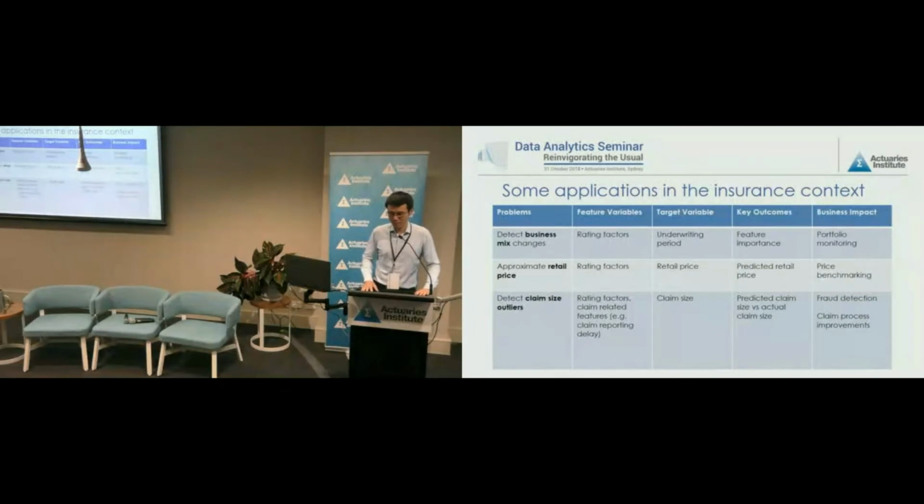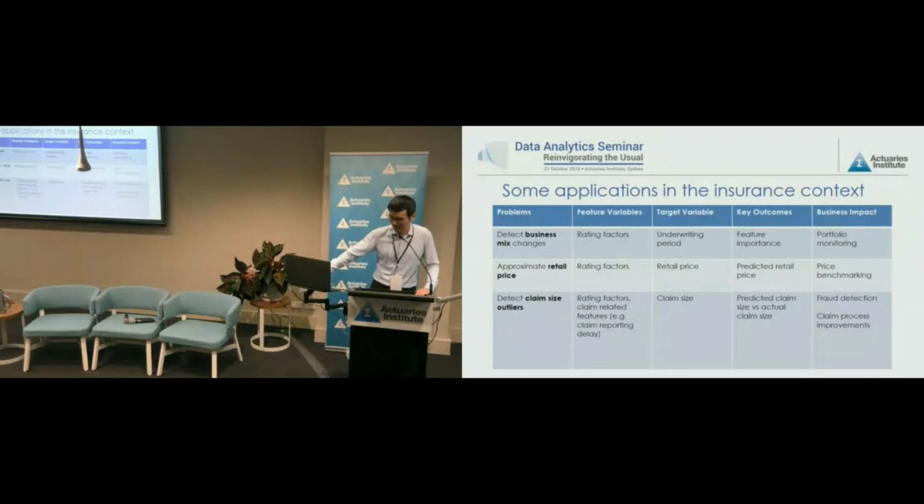What you can do is quickly build a GBM on the retail price. You don't need it to be 100% accurate, right? You just need it to be indicative for price benchmarking. Once you've got that model, you can apply it to new data sets, and you can quickly assess the competitiveness of your book, of your rates.